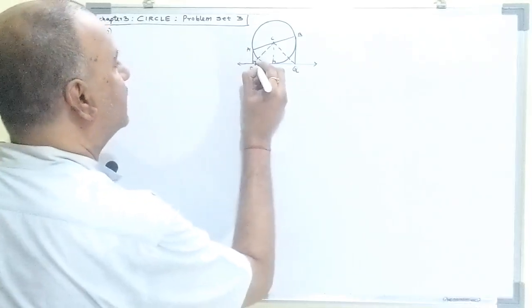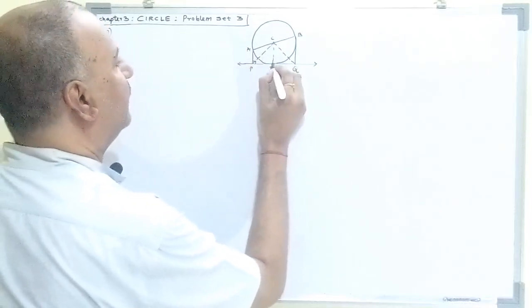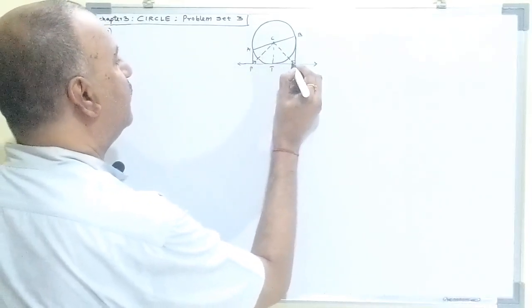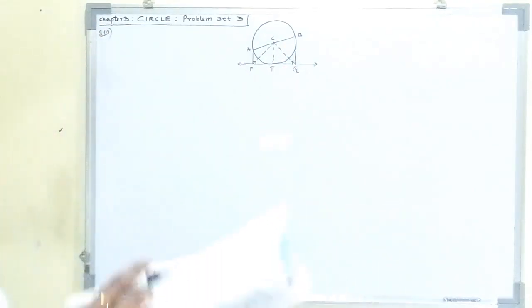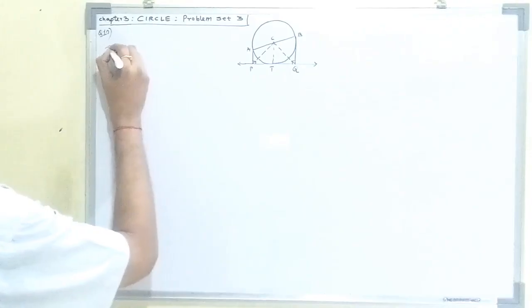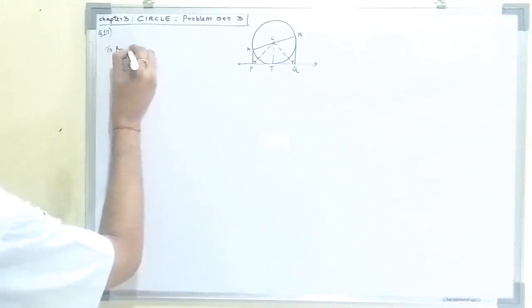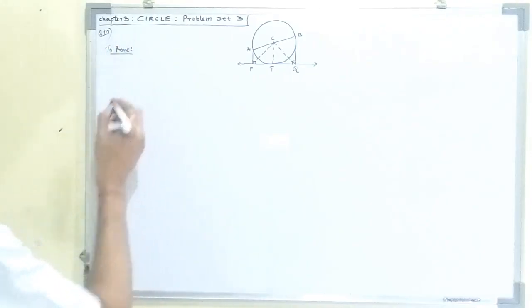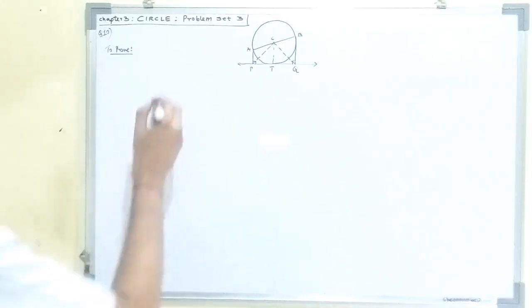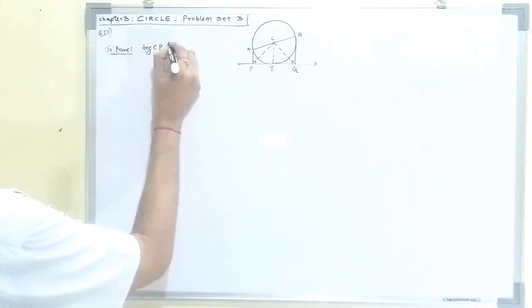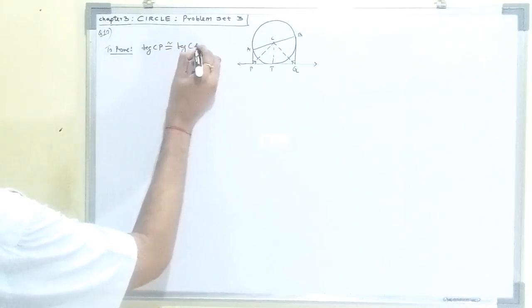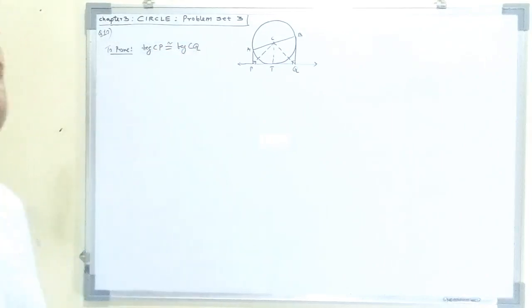They already given us this, ये नहीं दिया है, and this is BQ is perpendicular to PQ. Prove that seg CP congruent seg CQ. Okay.